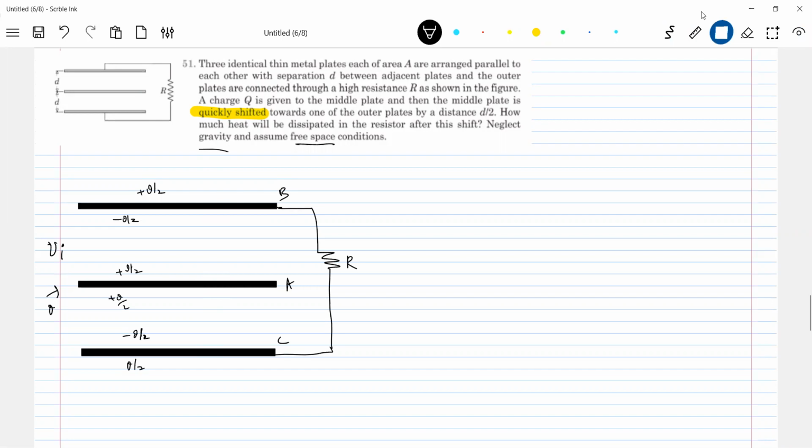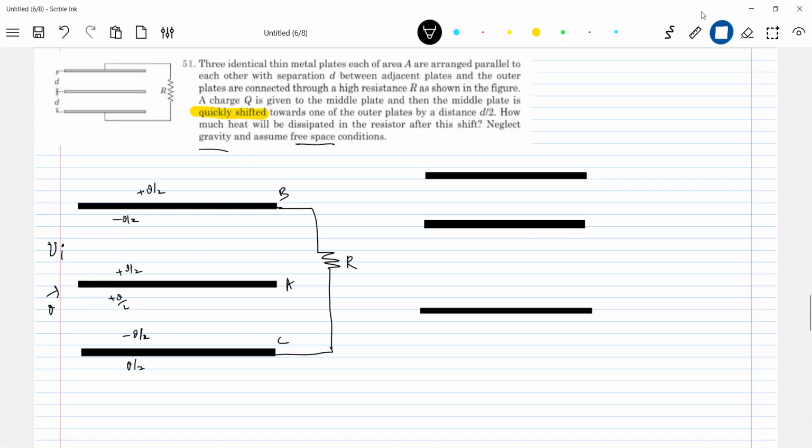I'm going to the next part of the problem. I'm showing that it is being shifted by d by 2. So the remaining distance will become 3d by 2.